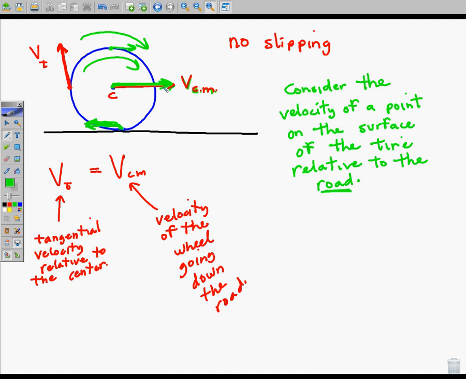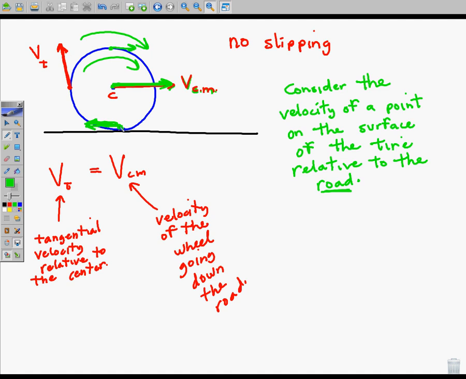So if you were asked, what's the overall velocity of that point right there when it makes contact with the road? Zero.